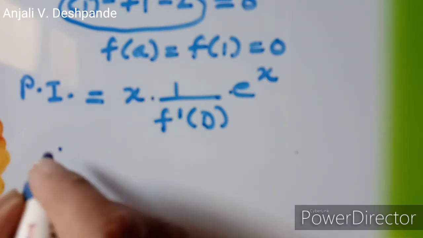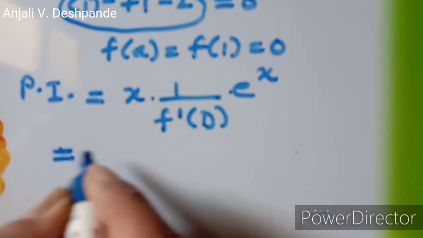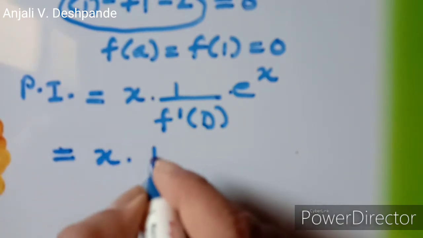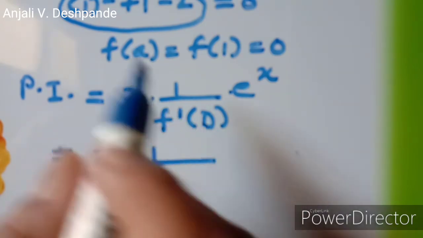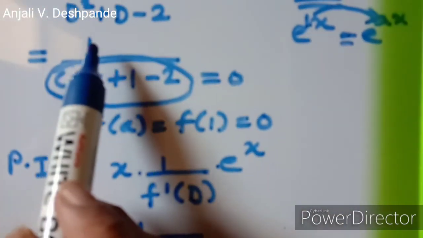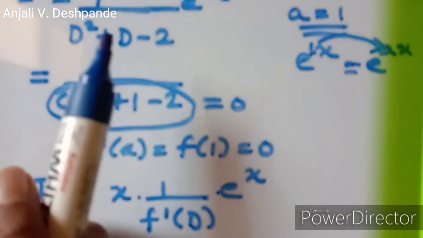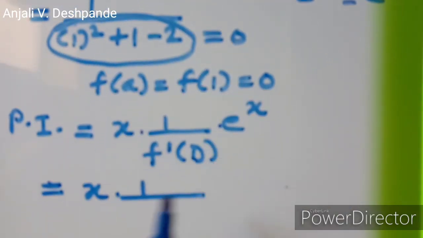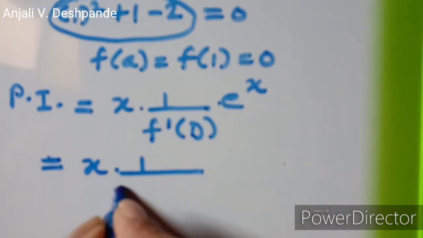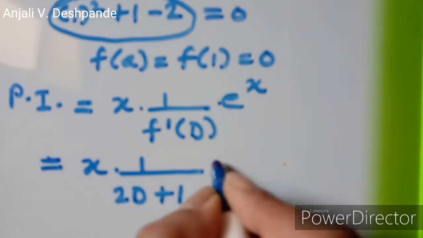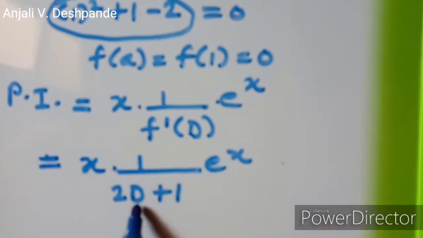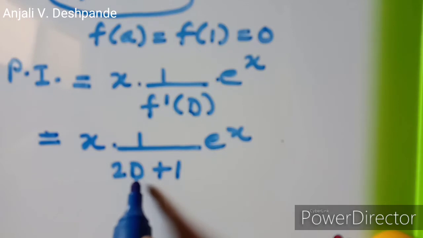So you are requested to rewind the video and go to that rule. This is equal to x into 1 upon f dash of D. So we are going to differentiate the function f of D. In this case we are just going to write 2D plus 1, e raised to x, and now we are going to substitute in place of D again the value of a.